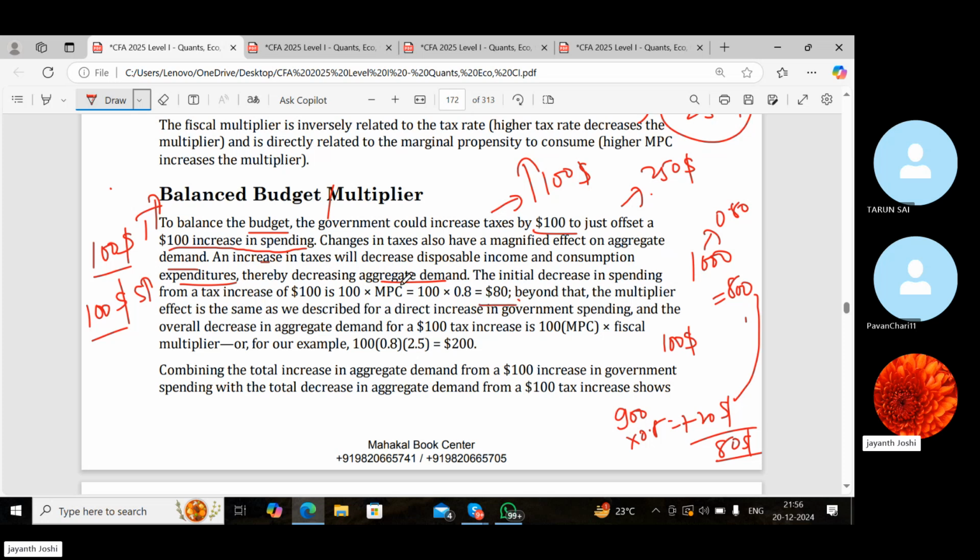Now what happens beyond that? Multiplier effect is the same as we described. See the multiplier effect. We saw that multiplier effect, right? If government spends, then how the GDP will grow. So the multiplier effect is the same as we described for a direct increase in government spending.